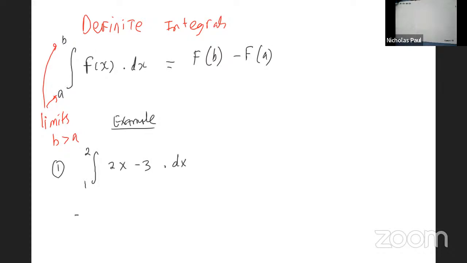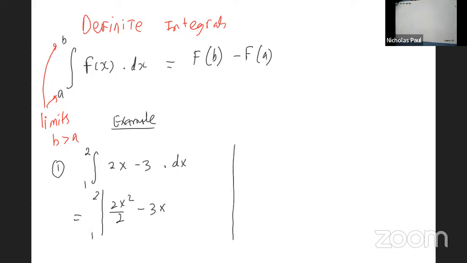Well, what you will do is this: integrate 2x, you'll get 2x squared over 2. Integrate minus 3, you'll get minus 3x. You no longer have to write the c, right? What you will do is draw a line. The line tells the examiner that you already integrated, and you still have to put in 2 and 1.